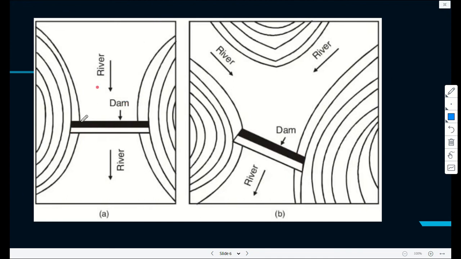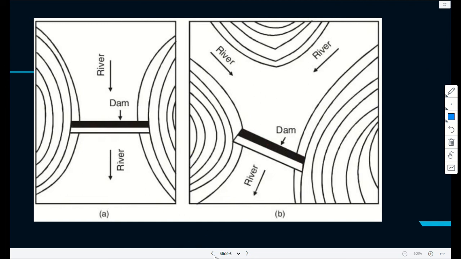Another scenario could be, you can see a hill here or a mountain here, mountain there, the river there. So when you impound here, it's very good because if you are looking at this in 3D, the shape would be something like a V, or a U, depending on how you look at it.